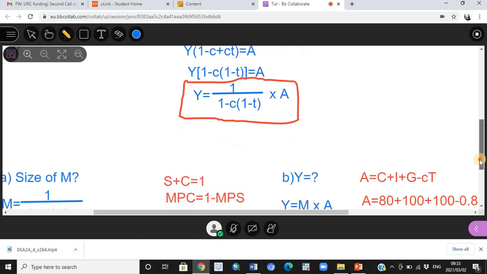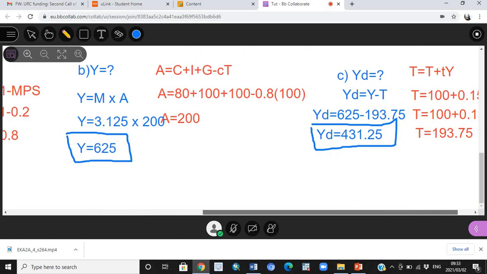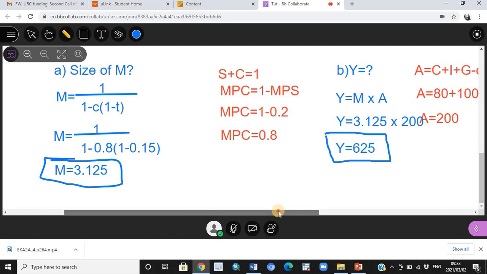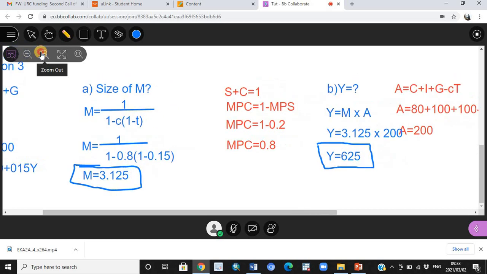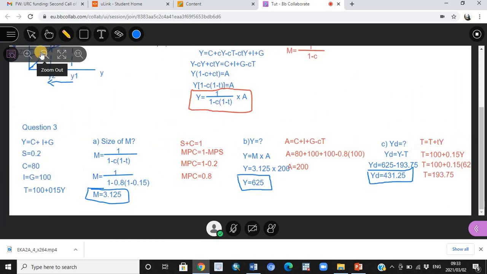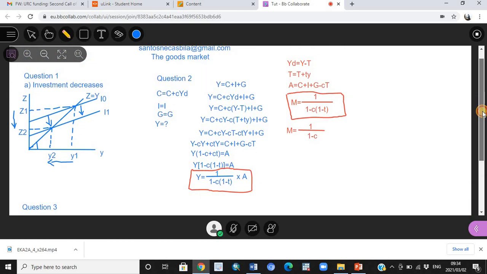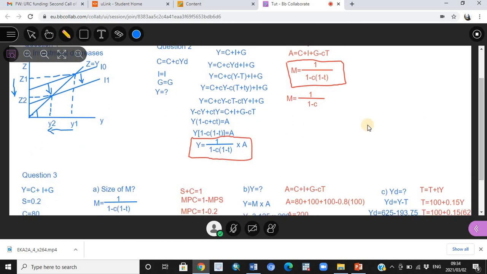It looks like I don't have space anymore, so I will use this space here. I will just write here D.